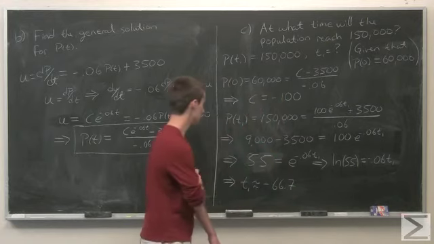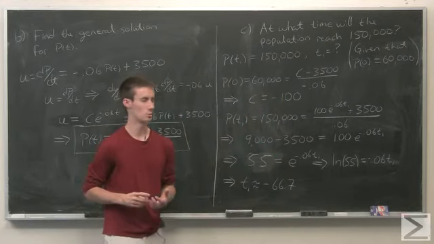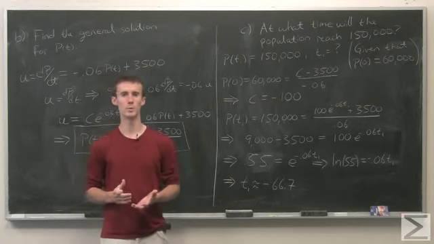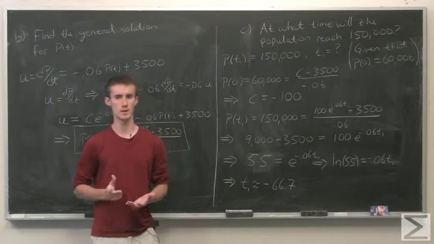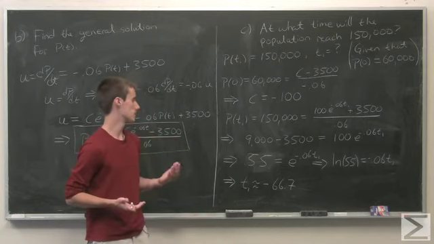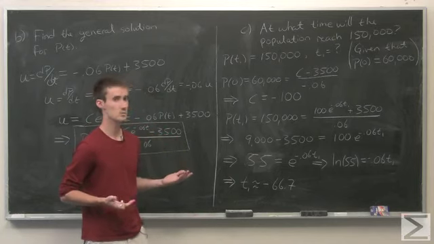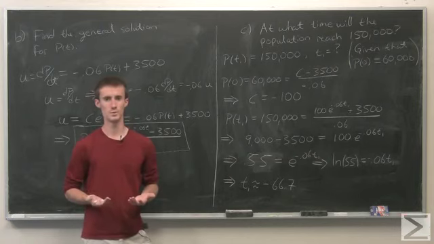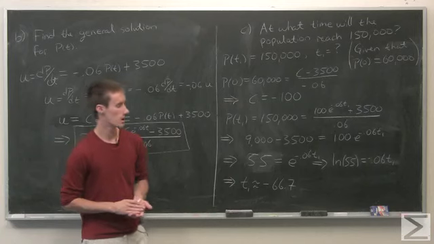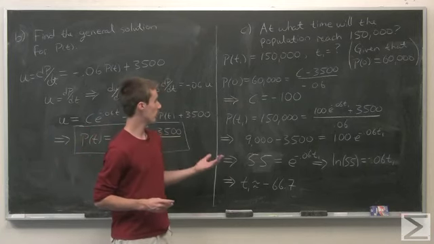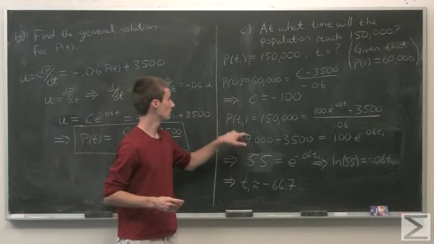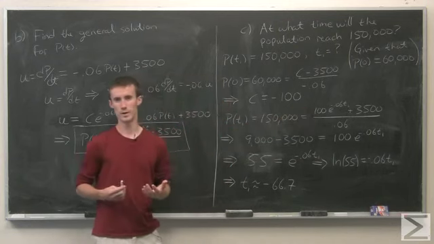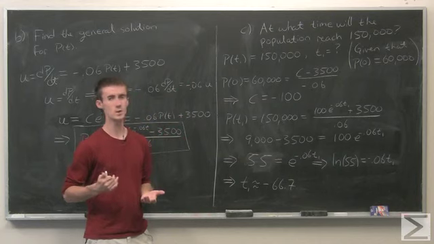Now, it seems like a little bit of a strange answer, negative time, but remember at the beginning of the problem, t is expressed in years since 1990. And what this is saying is that sometime in 1923, the population was 150,000. And if you graph the function P of t using the value of C as negative 100, you'll find that the graph is actually decreasing.